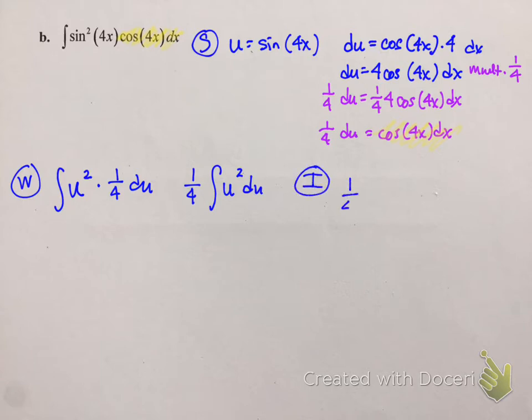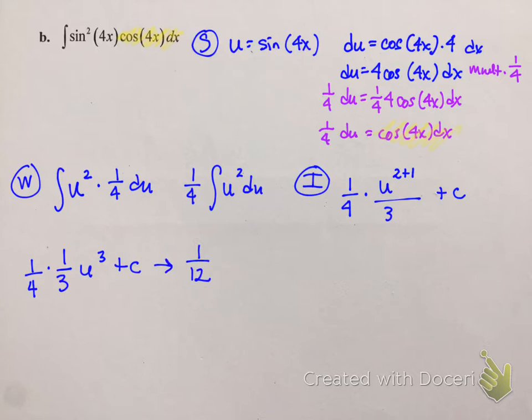This becomes 1/4 times u, 2 plus 1 is 3, over 3, plus c. So this becomes 1/4 times 1/3 u to the third plus c. So I get 1/12 u to the third plus c. Okay, my last step is to use back substitution.